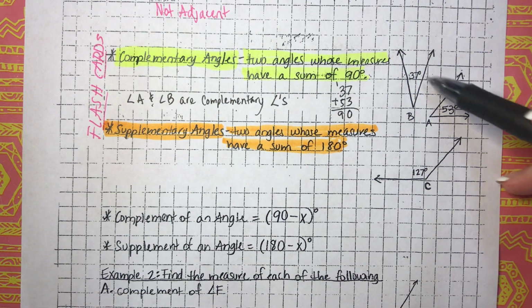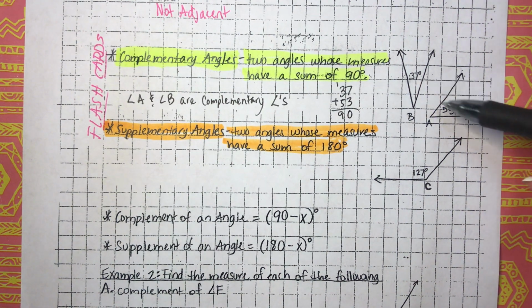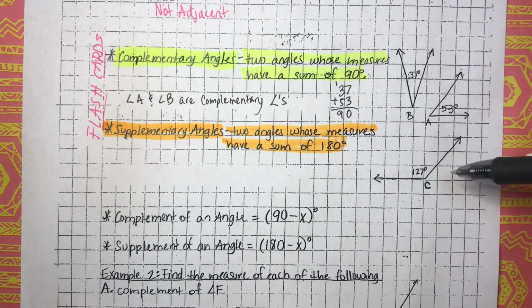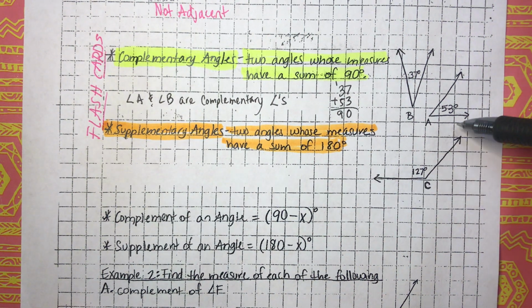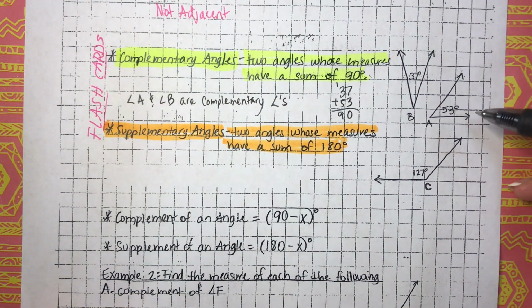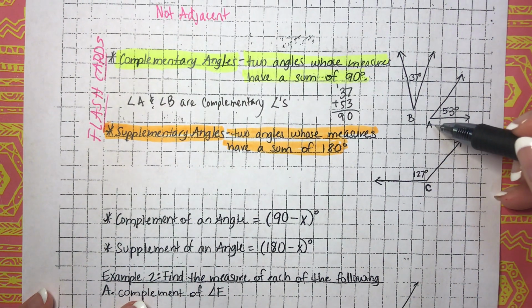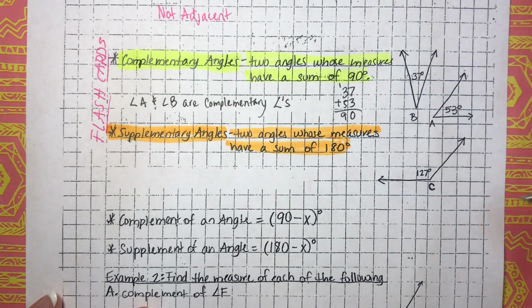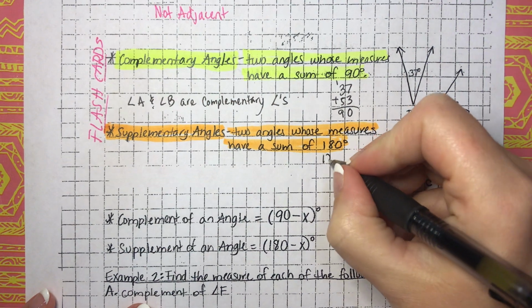So we know these two add up to 90, so they can't add up together and get 180. So we're going to have to include this big angle here, 127. 127 plus which one of these angles is going to give us 180? Well, I kind of think it's probably going to be A. So let's go ahead and add those two together and see what we get.